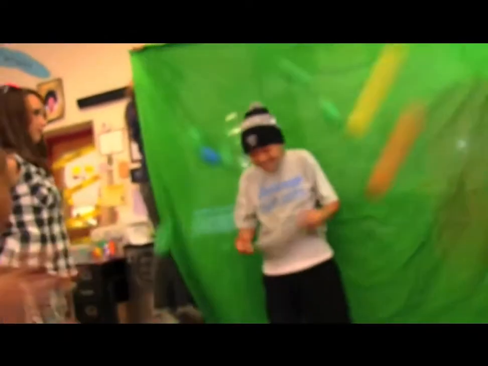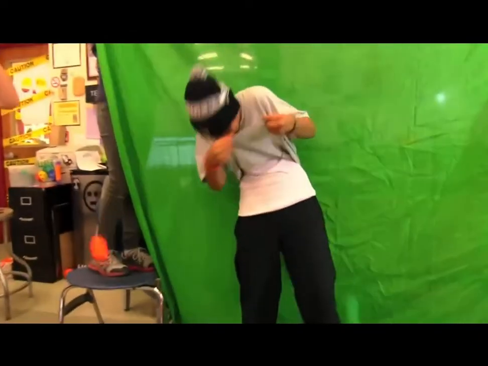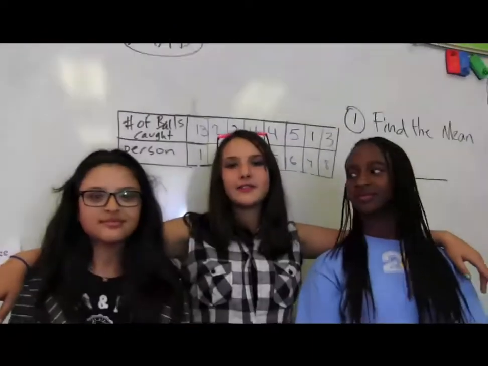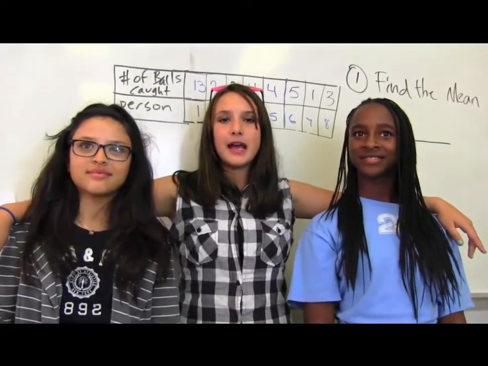How many did you catch? 5. Good job. What's your name? Anthony. Are you ready? Yeah. 3, 2, 1. Good job. What's your name? Rhea. Good luck. 3, 2, 1. How many did you catch? 3. Now let's find the MAD of this data, also known as mean absolute deviation.